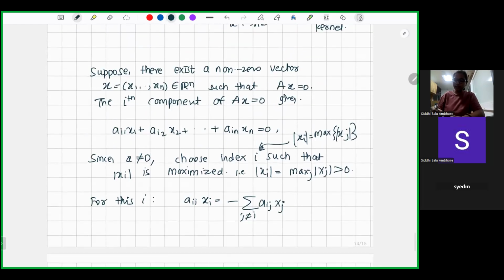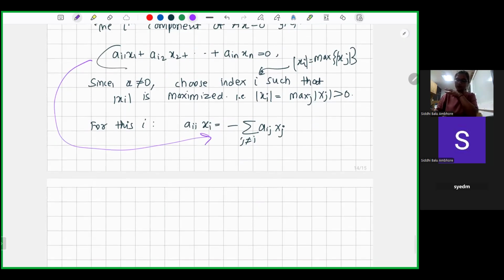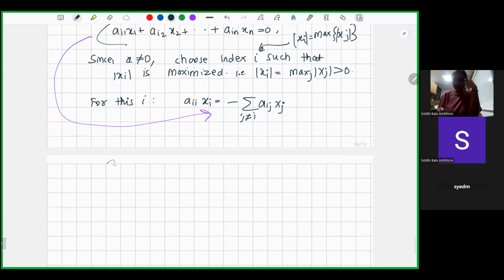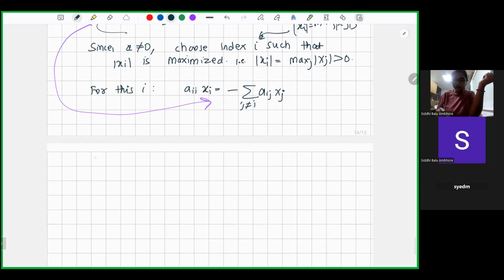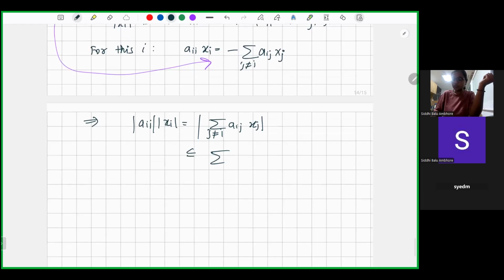I'm just taking everything else to the left-hand side of this equation, and then taking the absolute values. This implies that mod of aii times mod xi is equal to the mod of the summation over j not equal to i of aij xj, and this will be less than or equal to this summation.